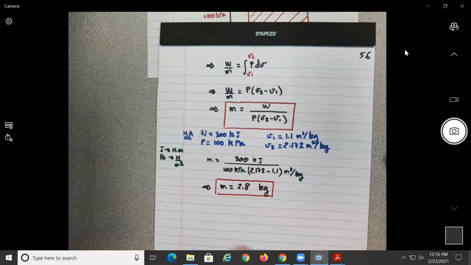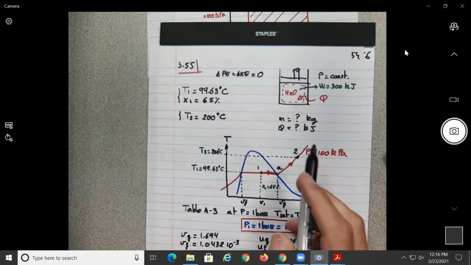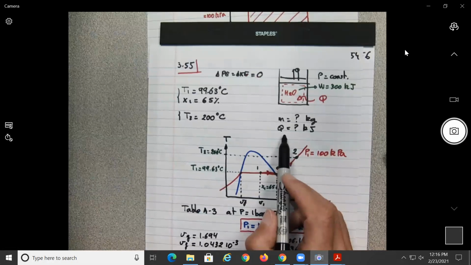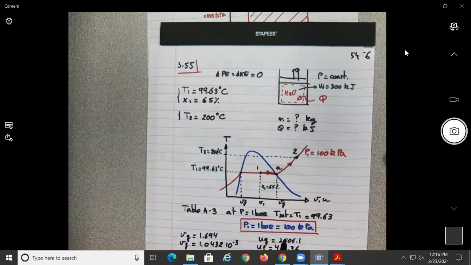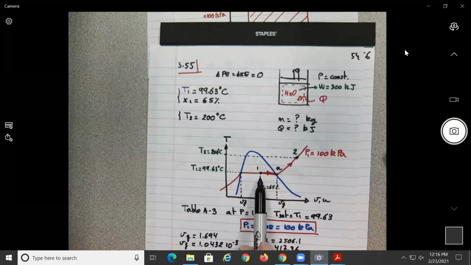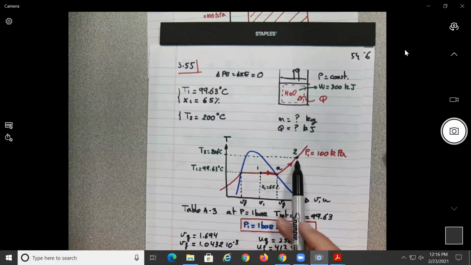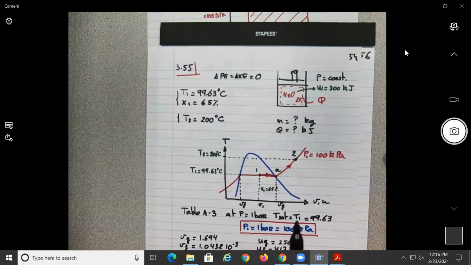All right, so let's go back over here and find the amount of heat that is provided into the system in order for this process to happen. To go from a mixture of water to water at 200 degrees Celsius, we need to put heat, no? Okay?